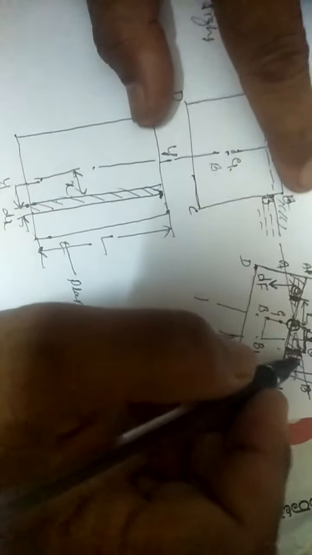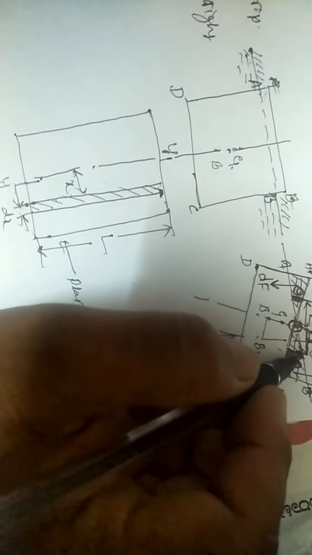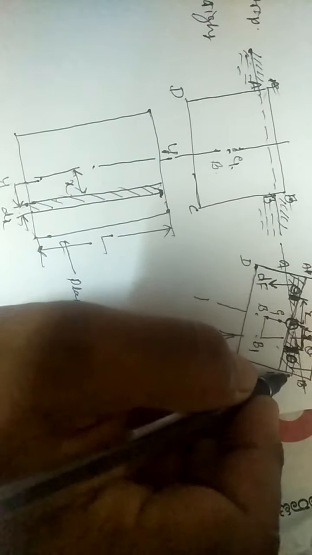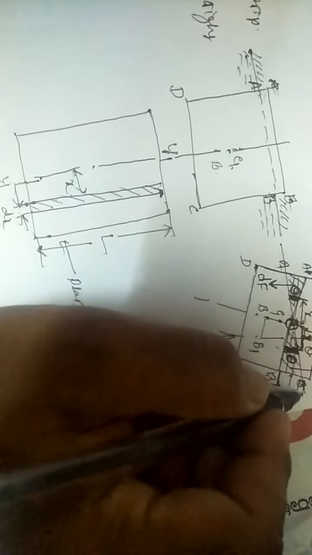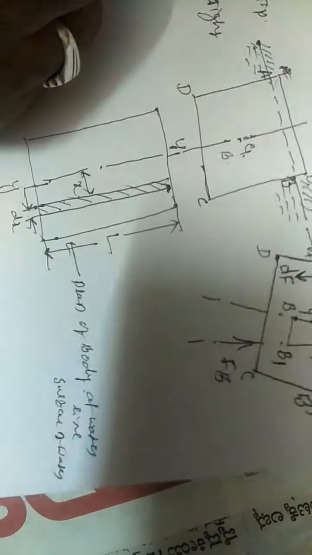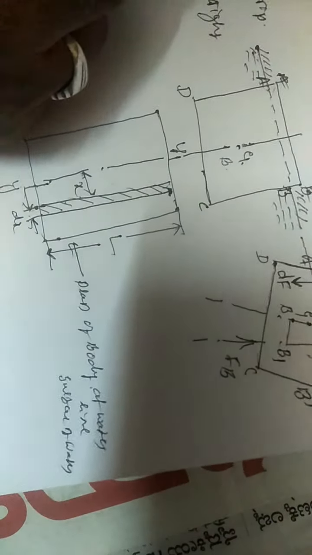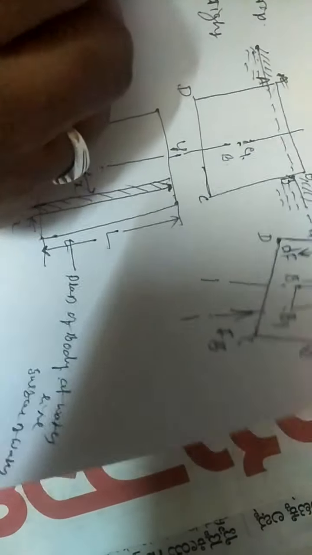Now we have to find the height of the strip. The height of the strip equals x into theta.